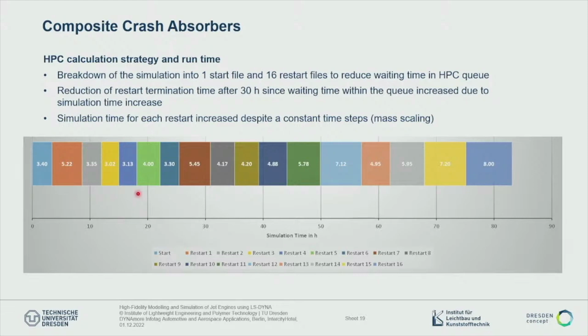What we see here is a little phenomenon: although we cut it in equal termination steps, the computational time rises because of the element distortion and the lower time steps which are then required.